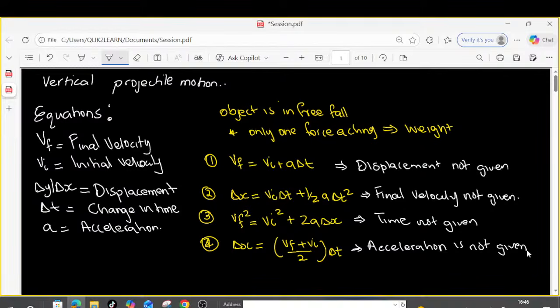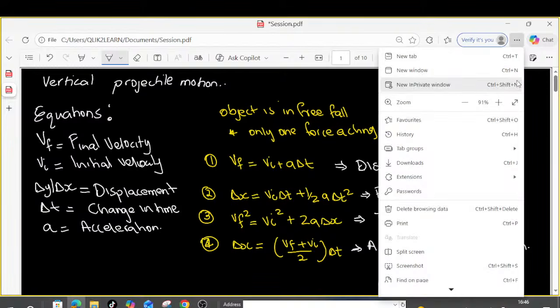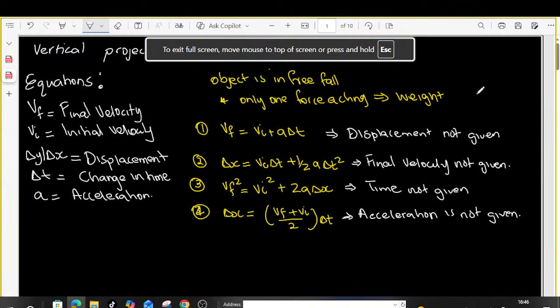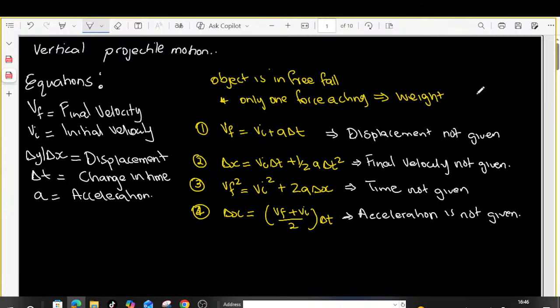Now, from this, I need to discuss with you the tips when we work with vertical projectile motion. The most important thing is to make sure that you draw the diagram. If the diagram is not given, you draw the diagram of the situation.